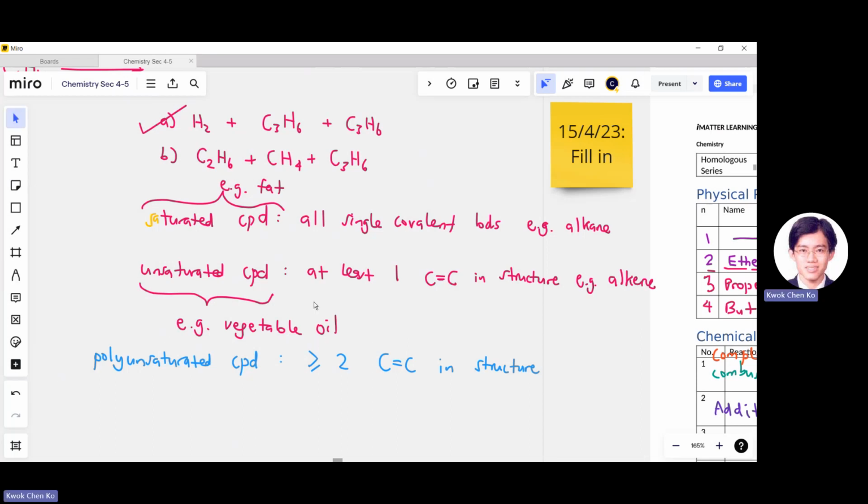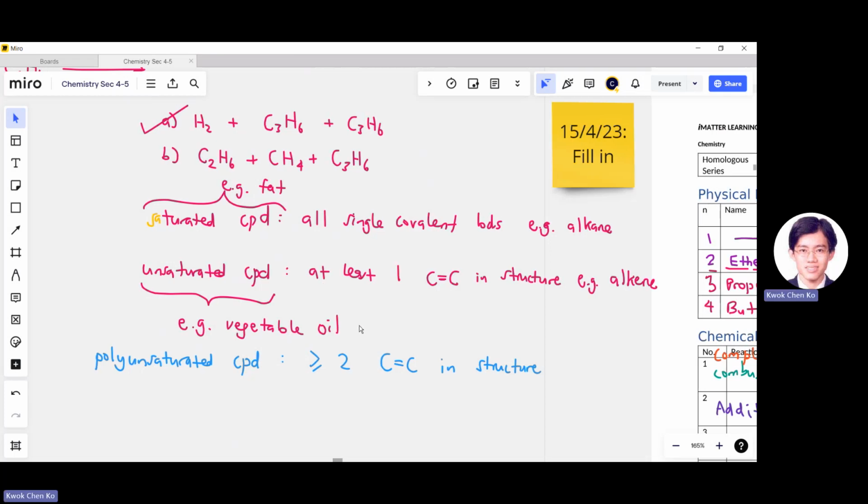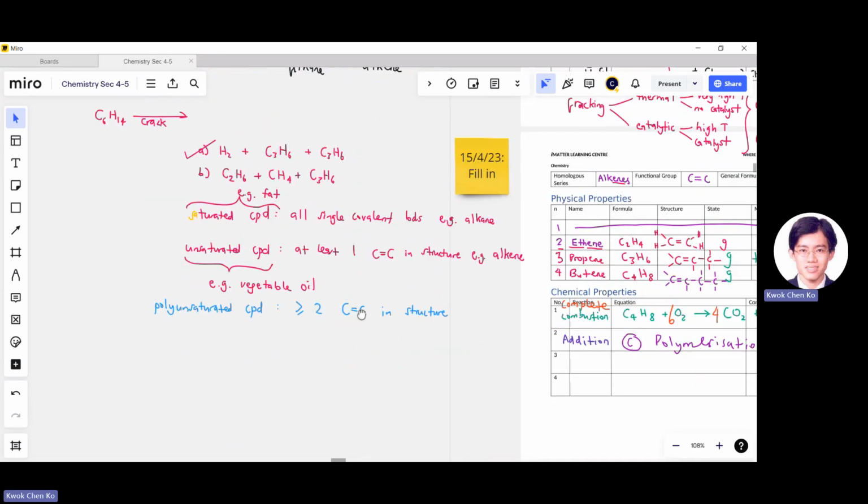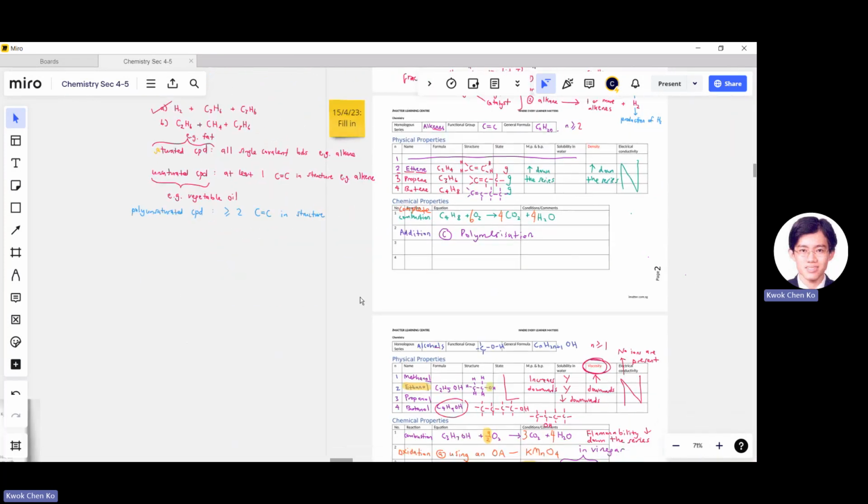Okay, so guys, try out that worksheet. It's only true or false and MCQ, so it should be quite easy.